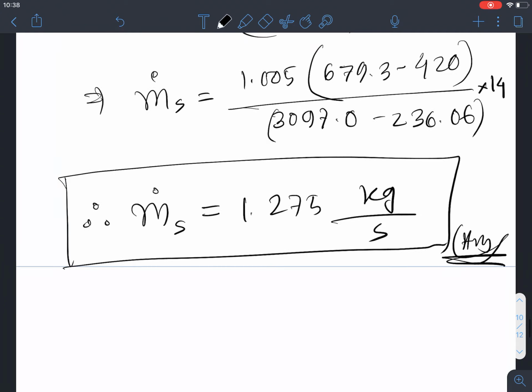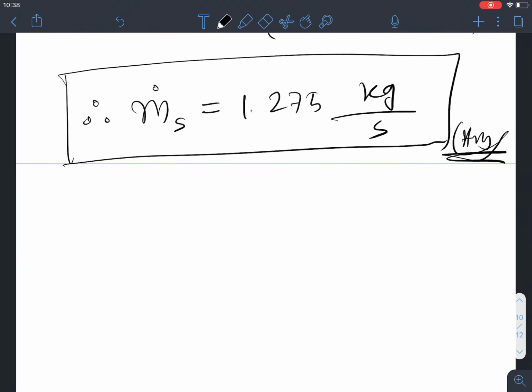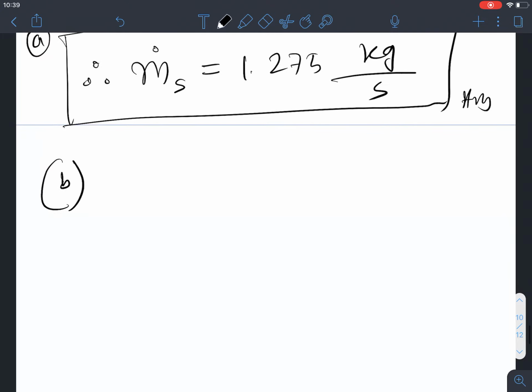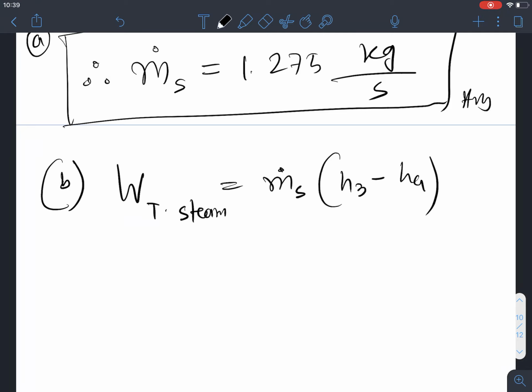Then number 2 is asking what is the net output of this system. Let's express it in B. This is A, and B is basically the net output. So the W turbine of that steam turbine equals, we know the mass of the steam now, times H3 minus H4.